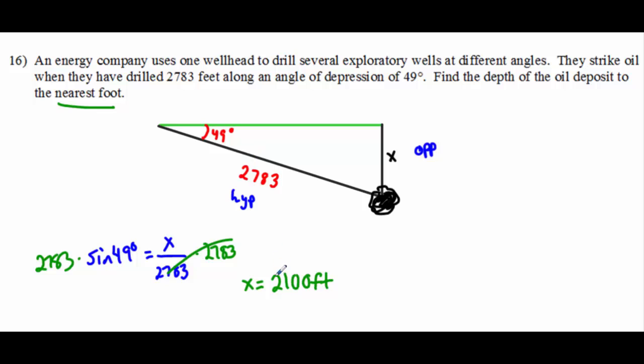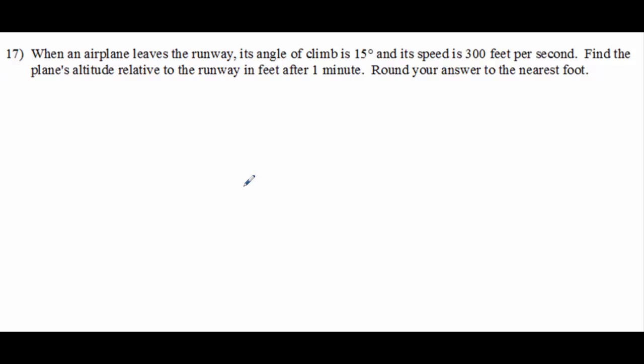I did not draw this very much to scale. 49 degrees would actually be close to a 45-degree angle, so it definitely should have been where these two sides were a lot closer to being equal. If it helps you to draw it more accurately, because then you can think about if your answer makes sense, then you probably should try to draw it more accurately. I'll try to draw better on the next one.